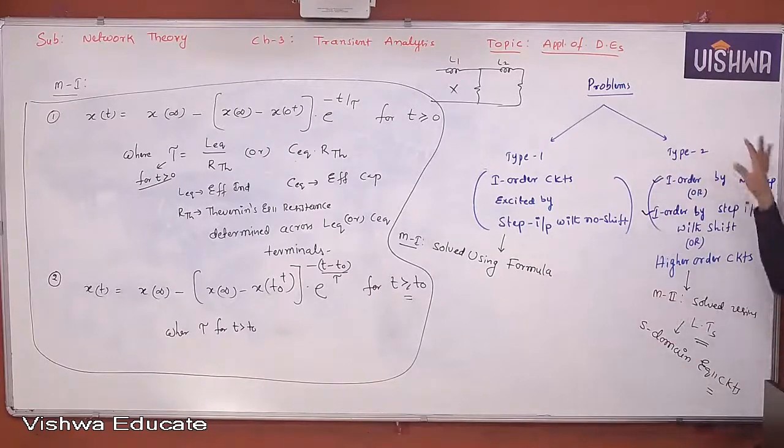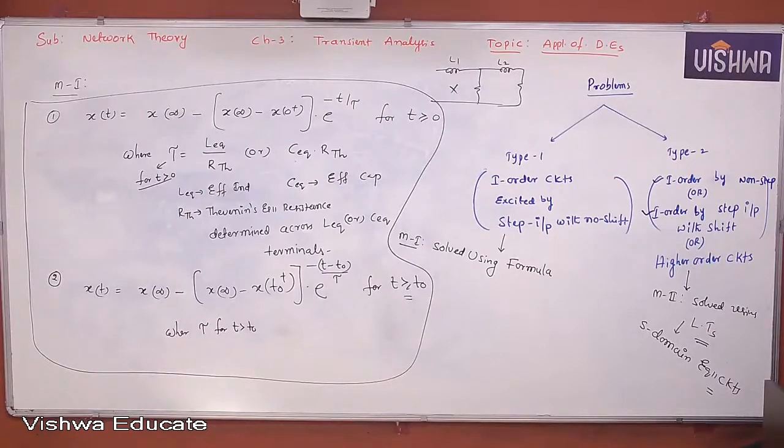Note this particular part also. The total problems can be classified into two types. The first type of problem is what? First order circuits excited by step input with no shift. They can be solved using the formula.